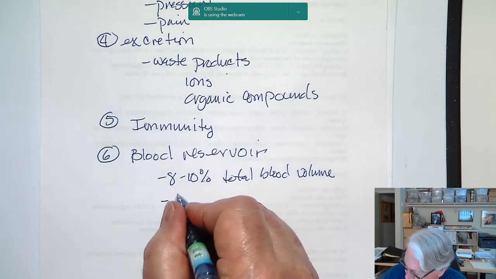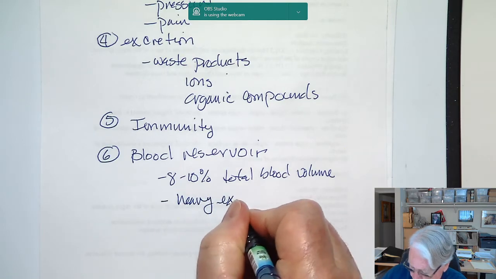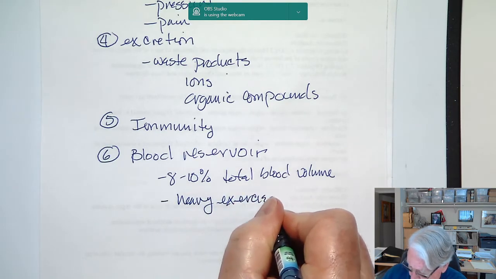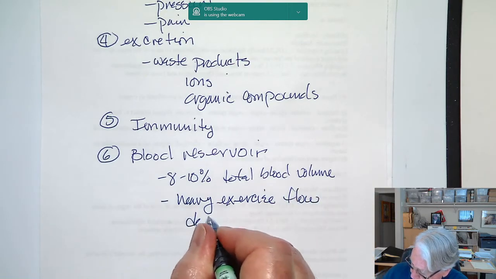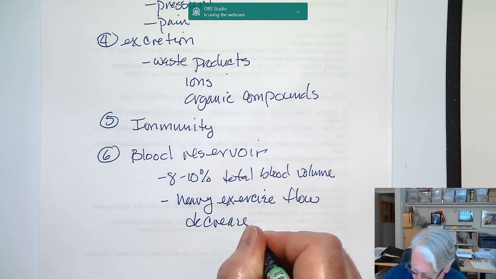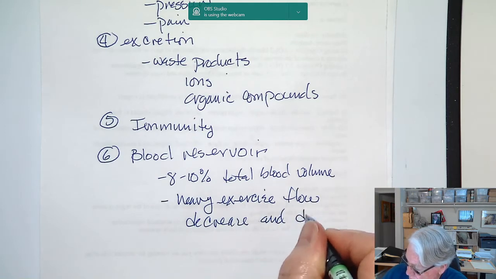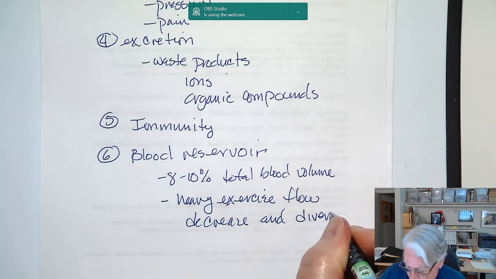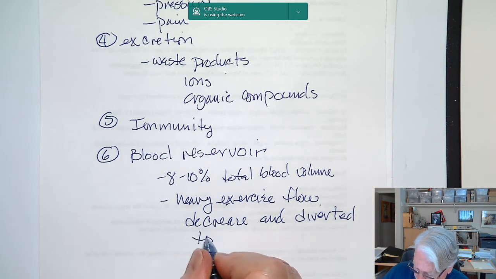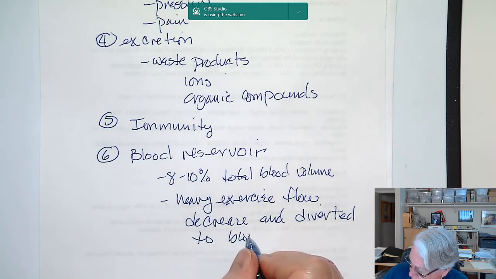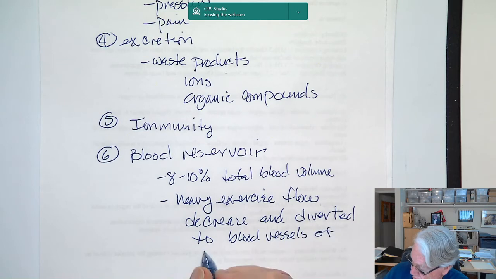So during heavy exercise, flow to the skin will decrease and blood will be diverted to the blood vessels of the muscles.